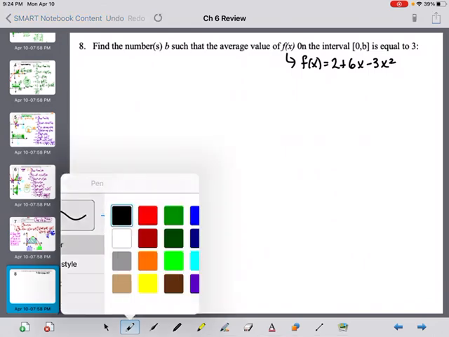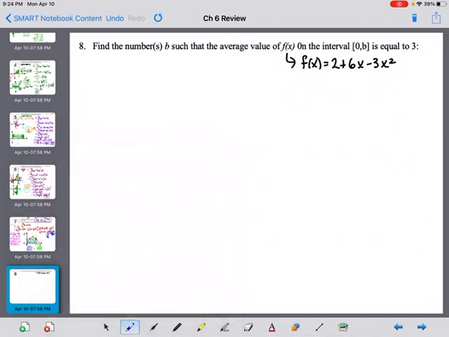All right, so we're going to begin with our f average equation, which is f average equals 1 over b minus a times the integral from a to b of f of x dx. We want to find the numbers b such that the average value of this function on the interval from 0 to b is equal to 3.